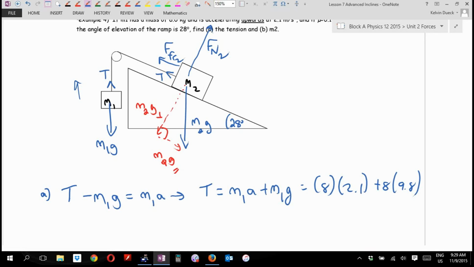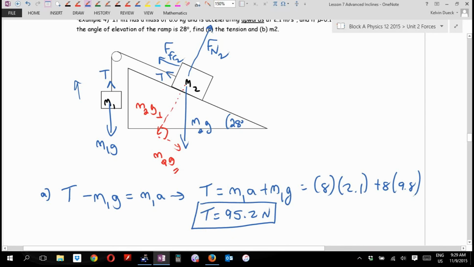No, I'm off by a decimal. 95.2? 95.2. Is that right? Yep. Carried a 0 in there for some reason. Exactly 95.2? Nothing else? Yeah? Okay. Newtons.